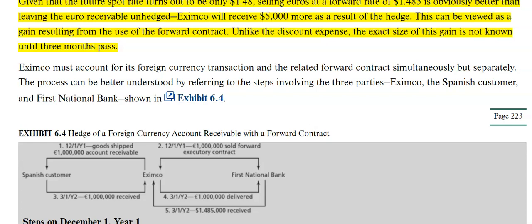X & Co will receive $5,000 more as a result of the hedge. This can be viewed as a gain resulting from the use of the forward contract. Unlike the discount expense, the exact size of this gain is not known until 3 months pass.